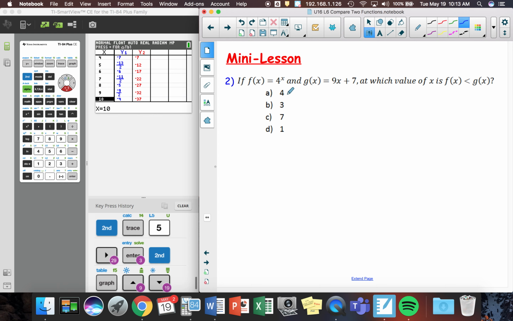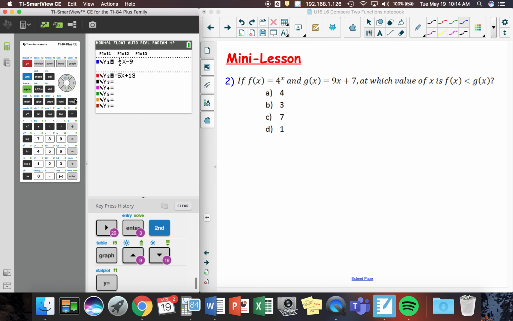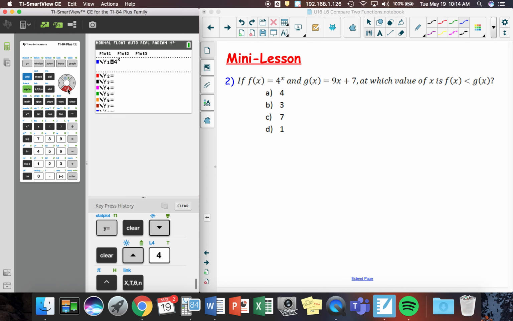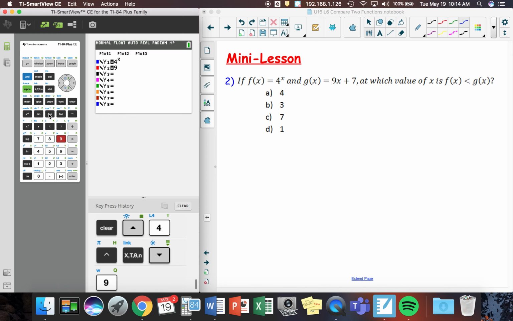I can either plug in all of these values, or I can use my calculator. So let's use my calculator first. I'm going to clear these things out. And let's see. I have 4 to the x, so I type in 4, up arrow, x, and I have 9x plus 7.